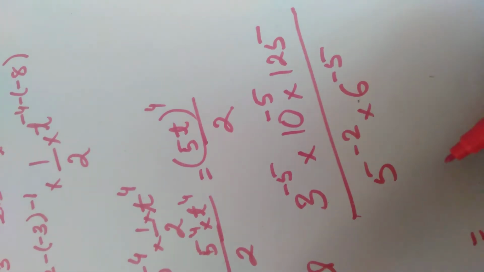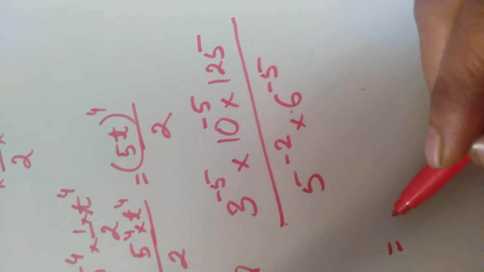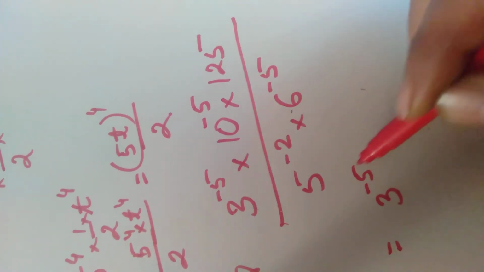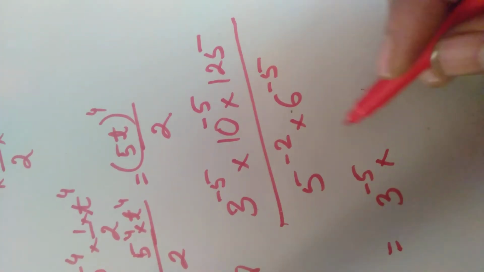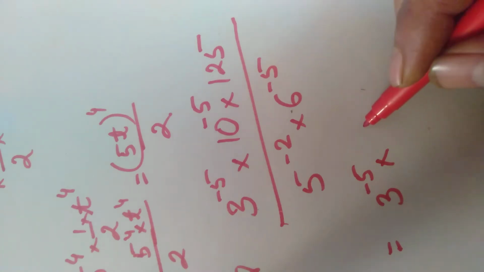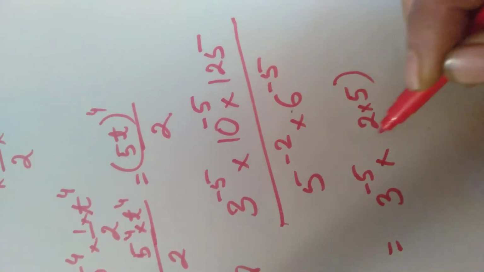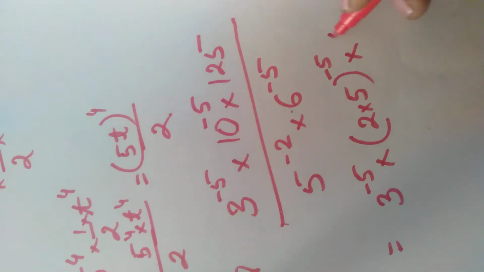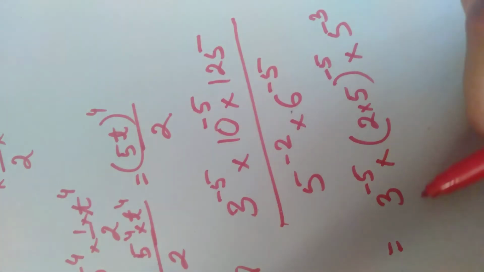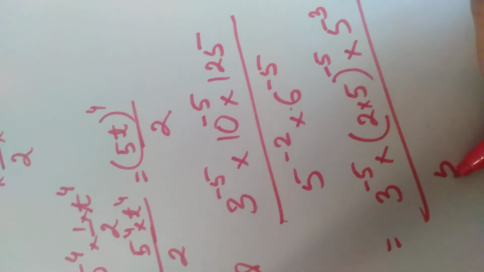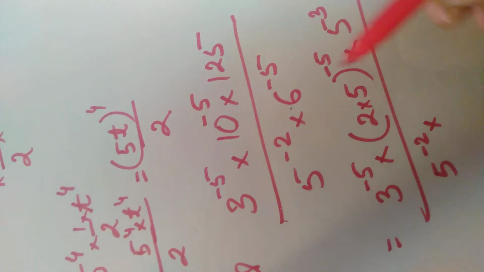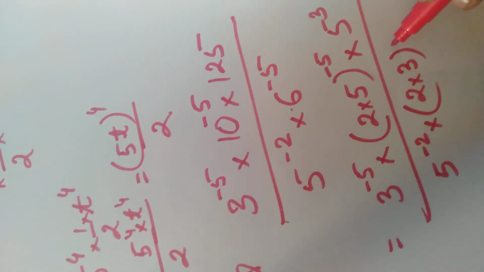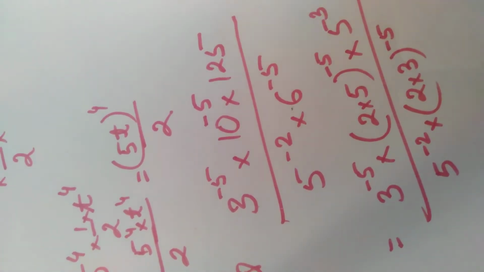Now let us start solving. 3 to the power minus 5 into, now here we will write 10 as 2 into 5 whole to the power minus 5 into, and 125 is written as 5 cube whole upon 5 to the power minus 2 into, now 6 again can be written as 2 into 3 to the power minus 5.